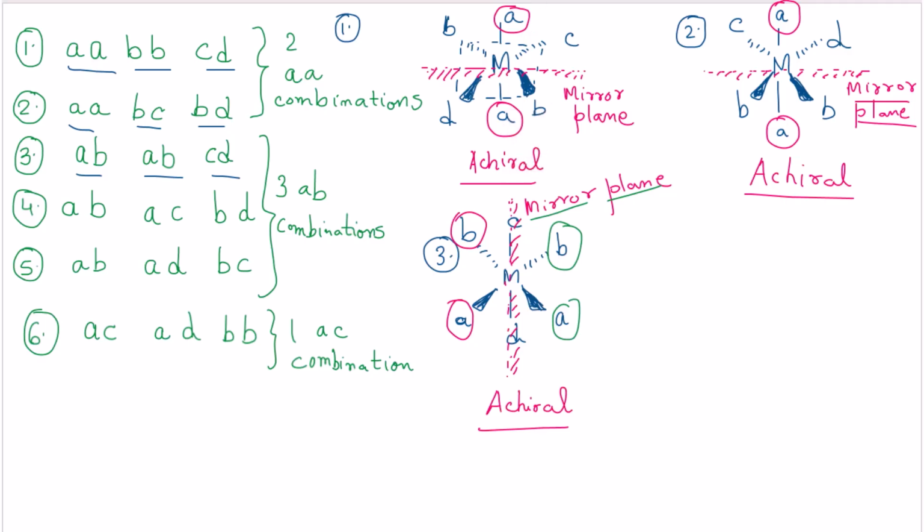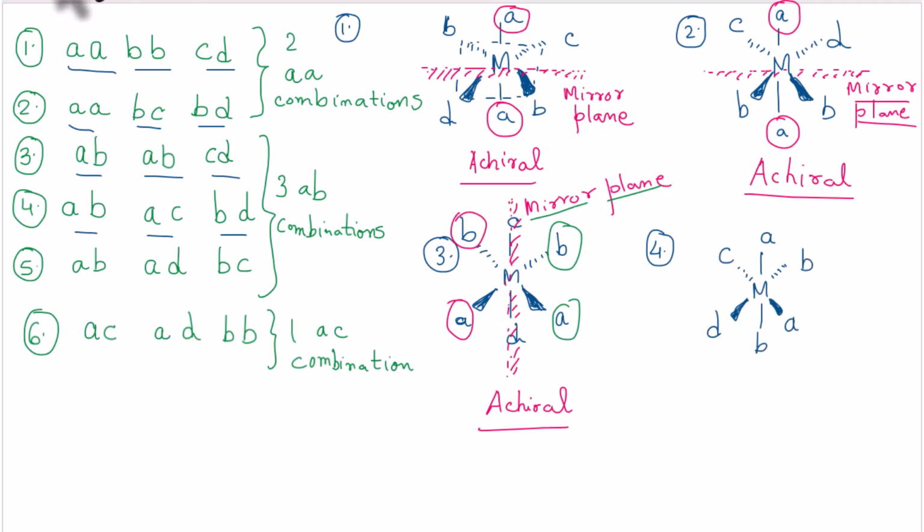Now moving on to the fourth ligand combination: AB, AC, BD. Let me put it here, AB, AC, and BD.